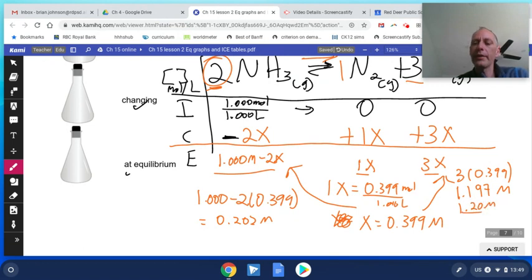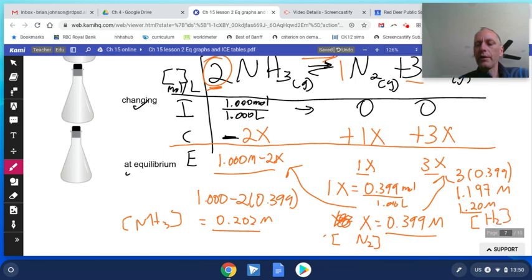We went with 3 sig digs, so we get 1.20 molar. So there's our final equilibrium concentrations of our 3 substances. So that's concentration of NH3, concentration of N2, and concentration of H2. Again, I apologize for being messy, but as long as you get the patterns and the process, that's what's key today. Okay, take a breath. Take a look at it. 1 left to do.